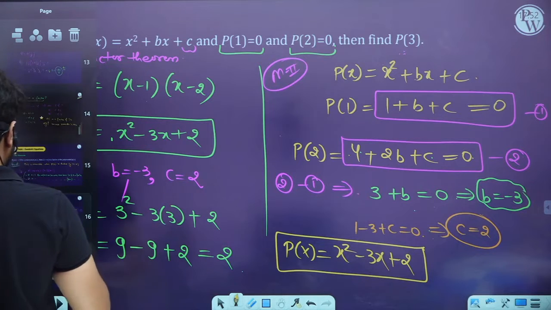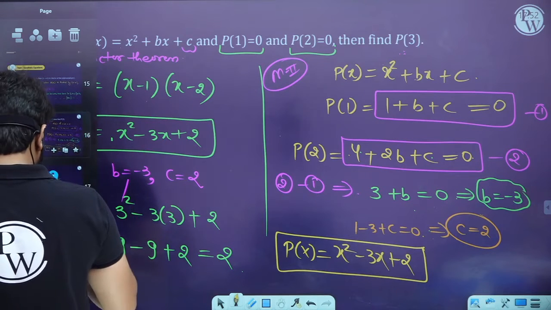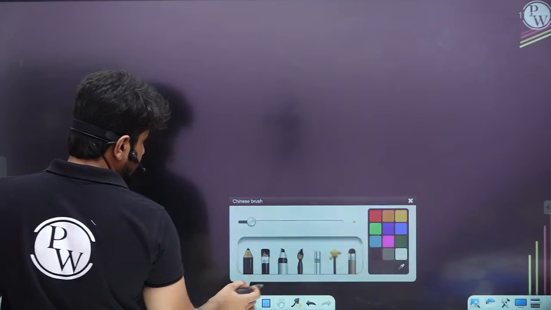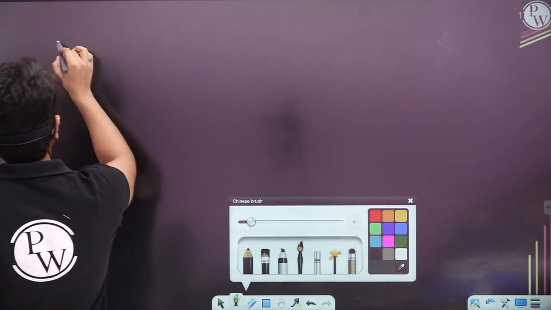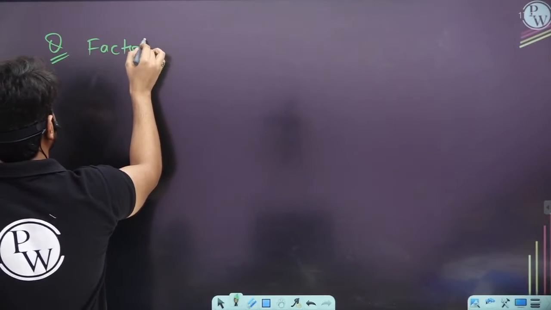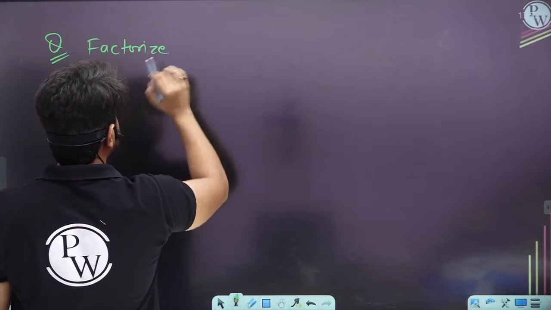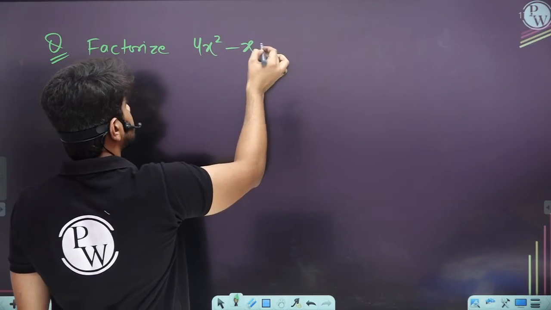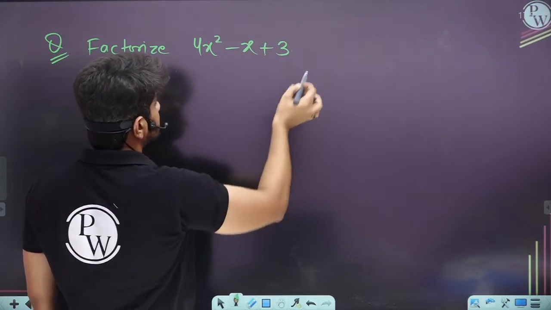Now, moving ahead. Let me do a slight change in the question. Question is factorize 4x square minus x plus 3.